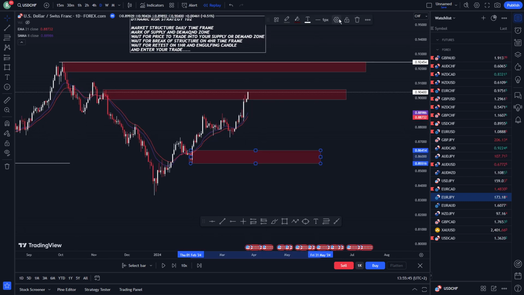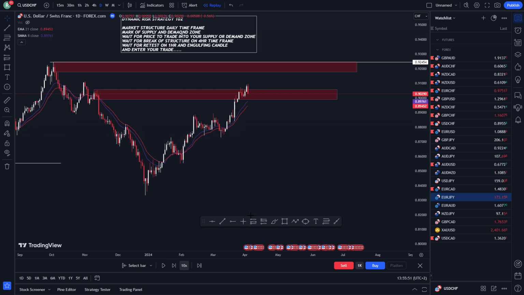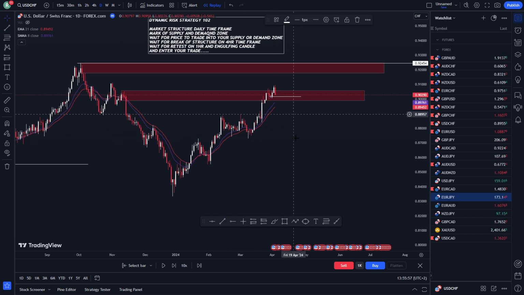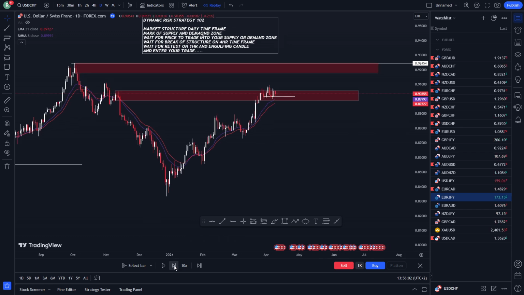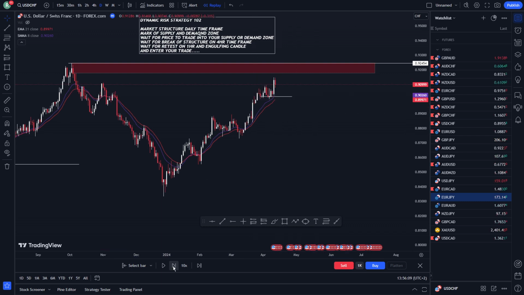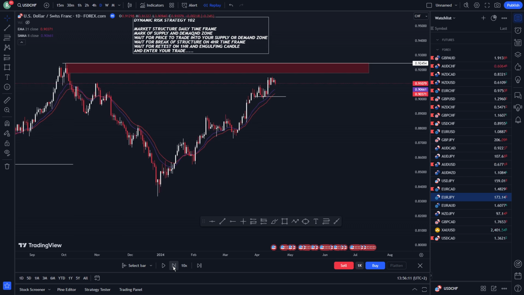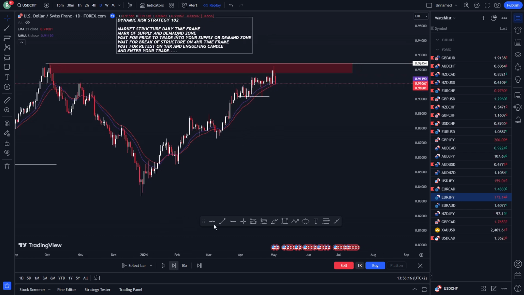Okay, it didn't come down, so just for the better. Okay, I want price to close on this low right here. Then I will take a sell. Okay, there price jab jab. Let's continue. Okay, price came there.